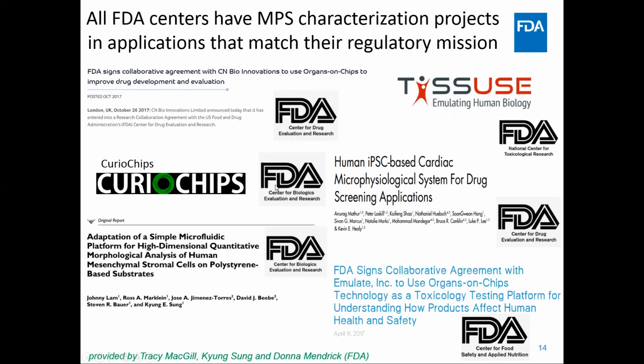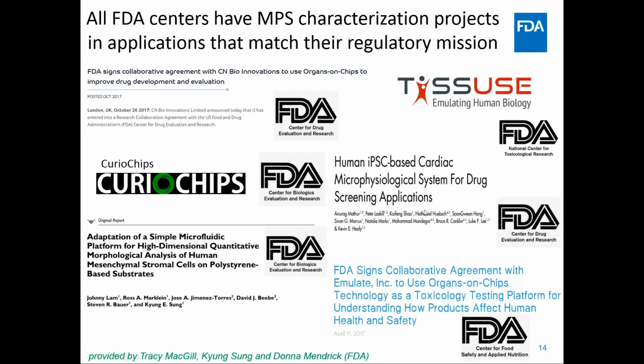CBER, Center for Biologics Evaluation and Research, they're working with a Korean company, CryoChips. They're also developing their own systems for specific applications related to biological products. The National Center for Toxicological Research, they have a collaboration with Tissues, which is a European company also.